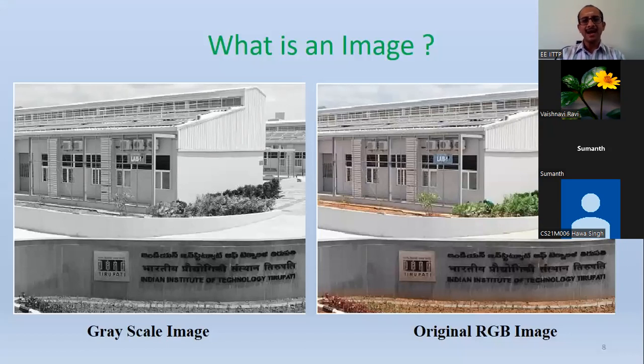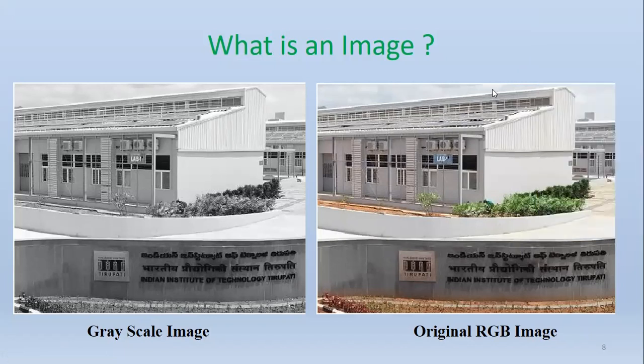Just to get a better idea of what an image is for a computer, let's take an example. I hope you are able to recognize the image that we are seeing here. This is from our campus. One of the images you see is the grayscale image, where you have only intensity variations from 0 to 255, or 0 to 1024 or so on, based on the number of bits we use to represent each sensor element.